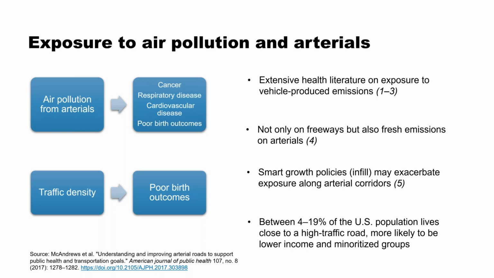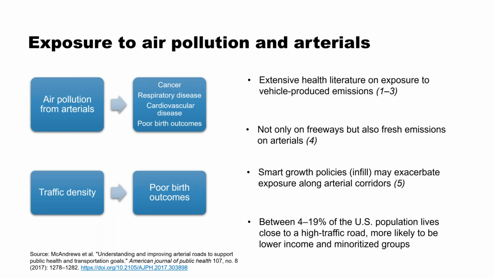And some of the ways that this affects populations is that our smart growth policies, often infill housing and multifamily housing that is located on these corridors through corridor plans and so forth, may exacerbate exposure to air pollution and some of these other outcomes.